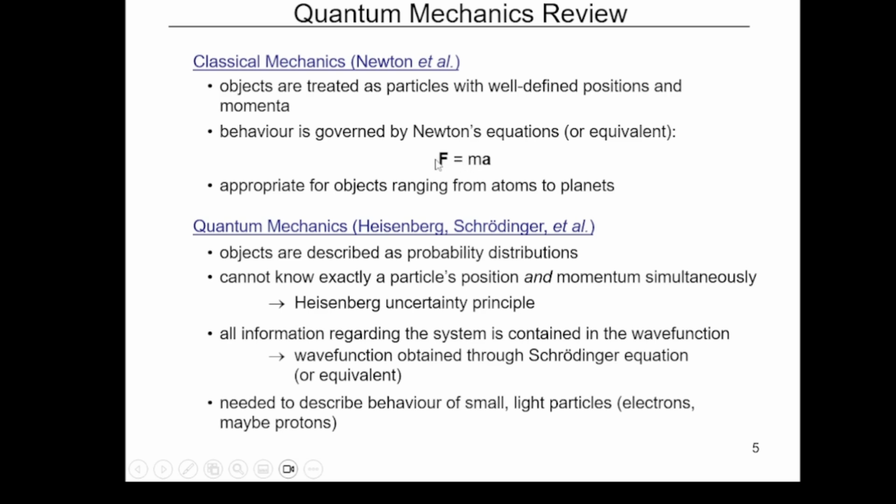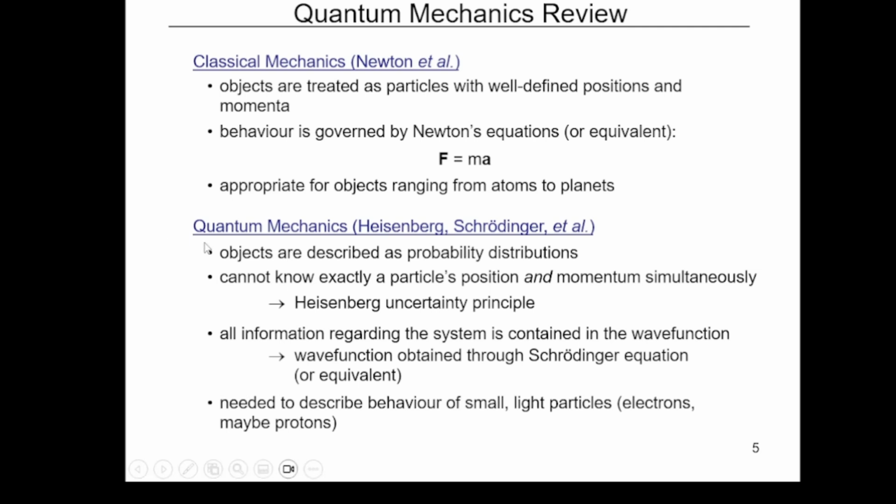In most of classical mechanics, the fundamental equation is F equals ma. And it is appropriate for objects ranging from atoms to planets. So it means it has quite diverse application. It can be applied to atomic systems or molecular systems, and to systems as big as the universe.